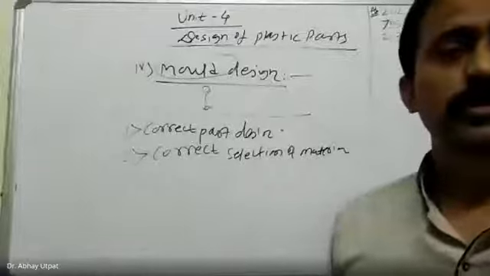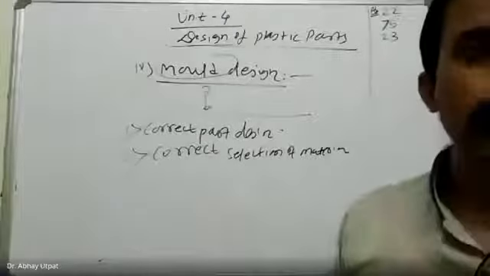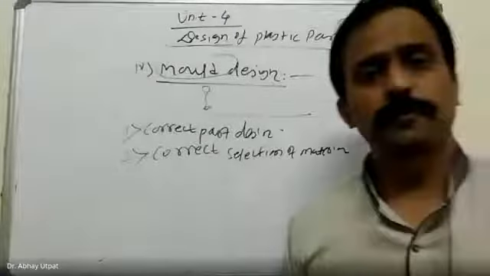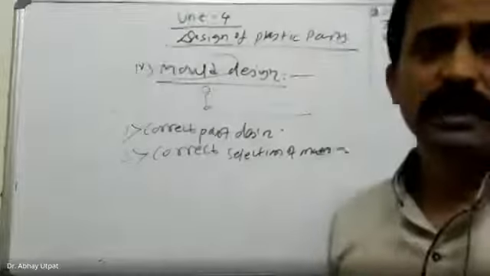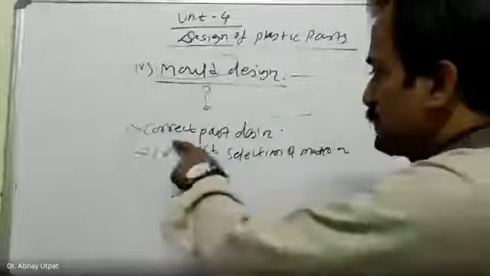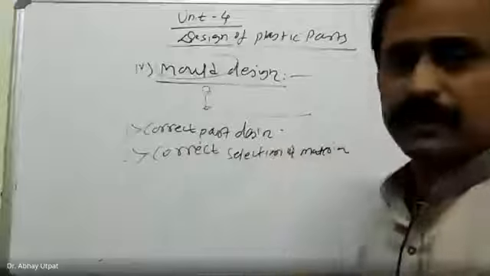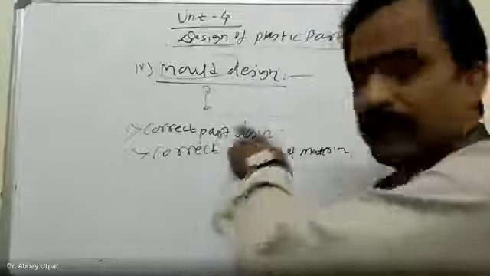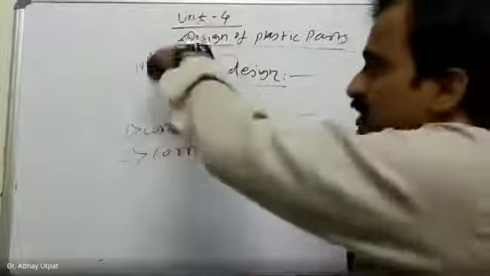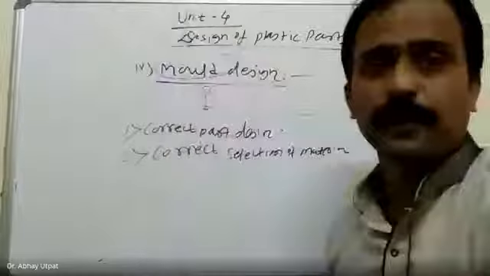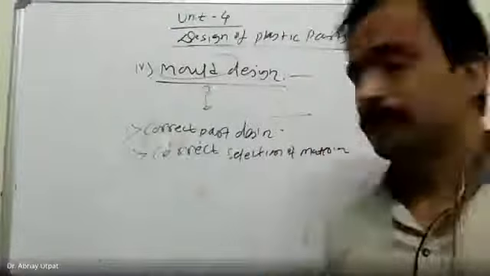So I repeat, to ensure good quality of the final product, the first requirement is correct part design. What is the meaning of correct part design? That I have explained in these previous 4 parts: general design, structural design, design of assembly, and mold design.